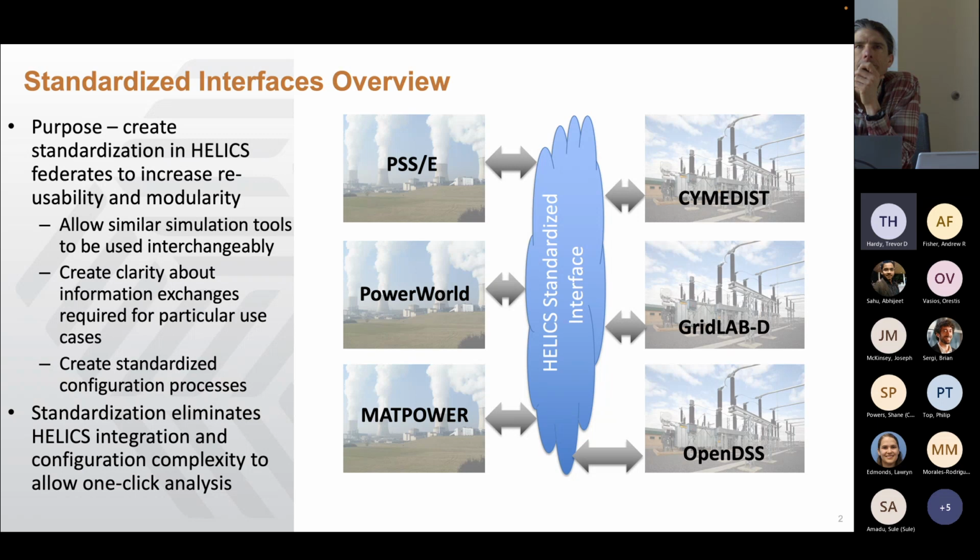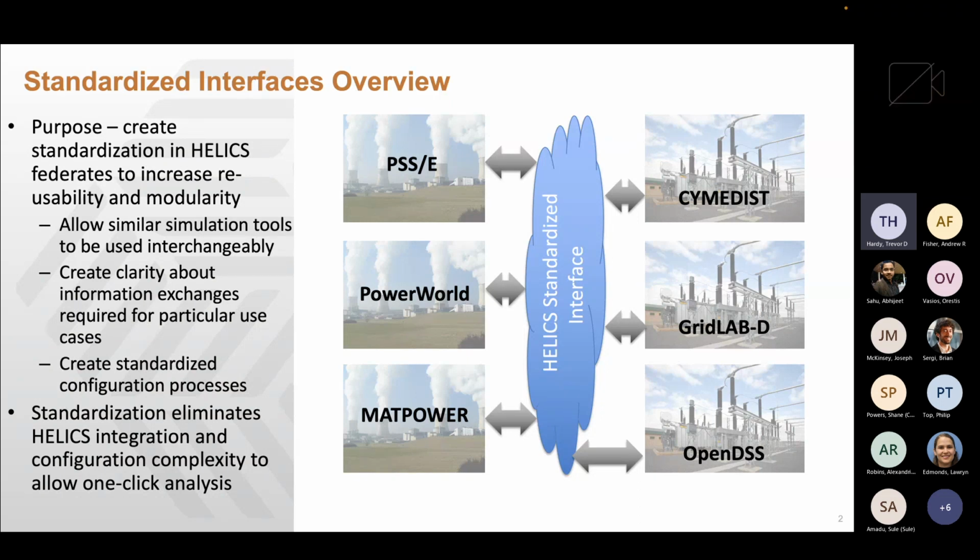So the standardized interface then allows us to define the Helix connections and the Helix side of this information such that the tools don't know who is actually doing the simulation in the other part of the co-simulation, which specific simulation tool is being used, and that the information just continues to flow.